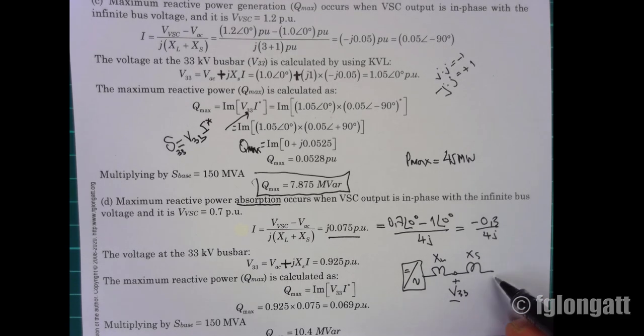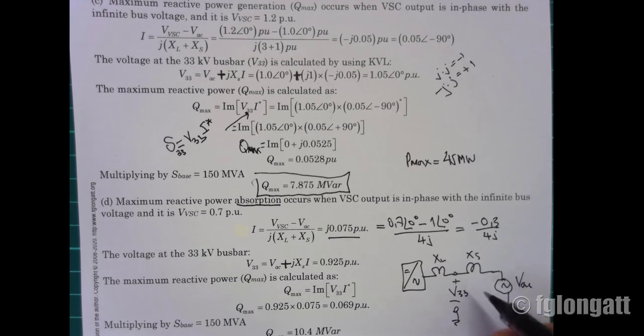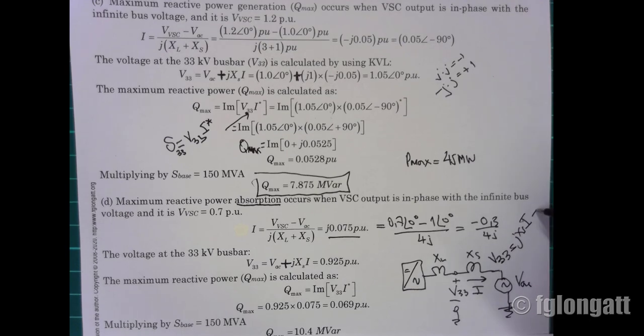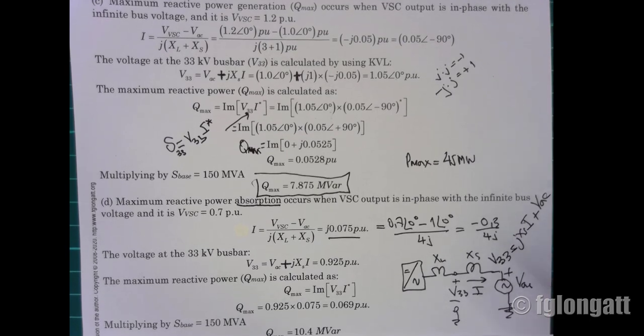We have B33, and we have here the AC voltage. And if you remember, the current is going in this way, and the equation defining this is that this voltage is equal to this voltage drop plus this voltage AC.